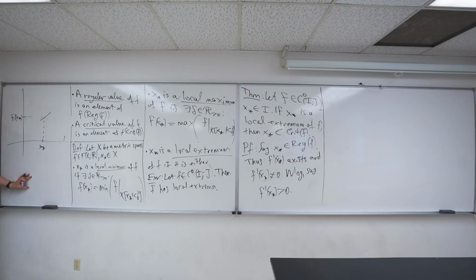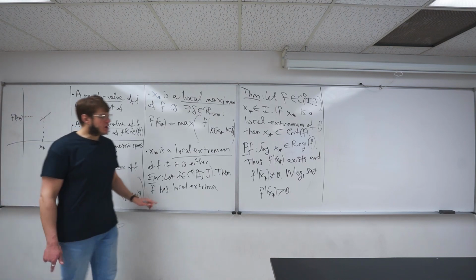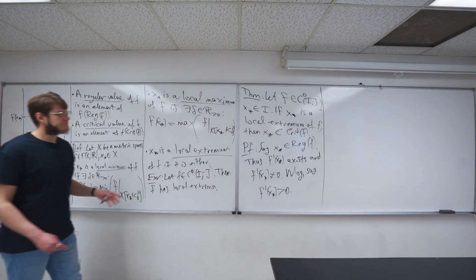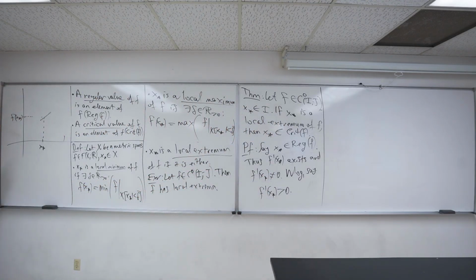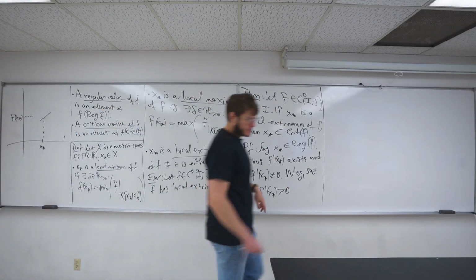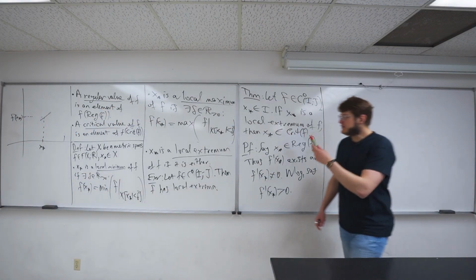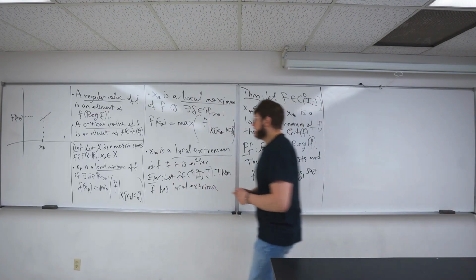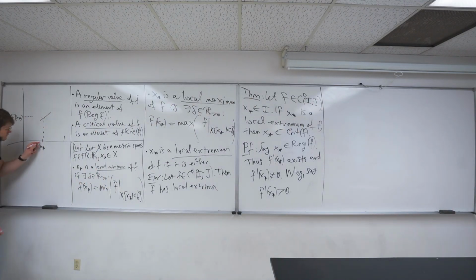I'm going to open up the definition of f prime at x star existing to argue that there's going to be a point arbitrarily close to x star where the image is strictly less.